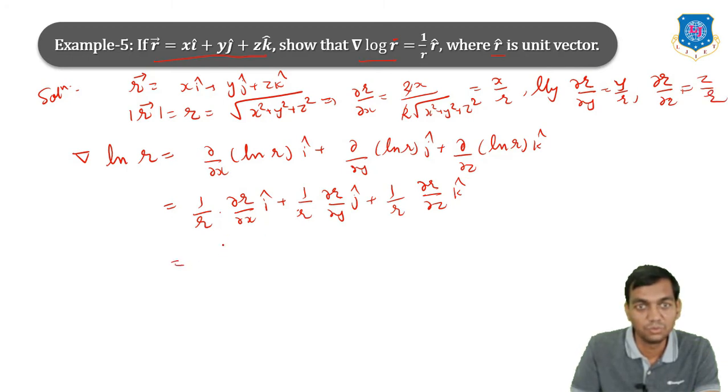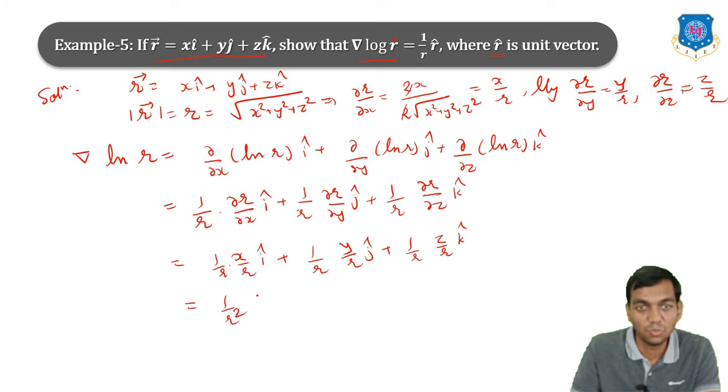And that will give you 1 upon r into x upon r i plus 1 upon r into y upon r j plus 1 upon r into z upon r k, and if you take r square common out, then you will get xi plus yj plus zk, and that is nothing but your r bar, so 1 upon r square into r bar.